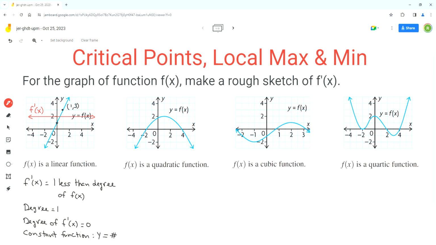Now the second function is a quadratic function, and for a quadratic function we know that the degree is equal to 2. So the degree of f prime of x for this function should be equal to 1. A degree of 1 means that f prime of x is a linear function.